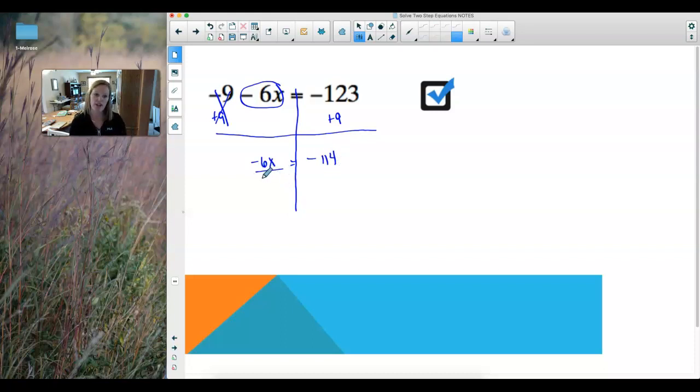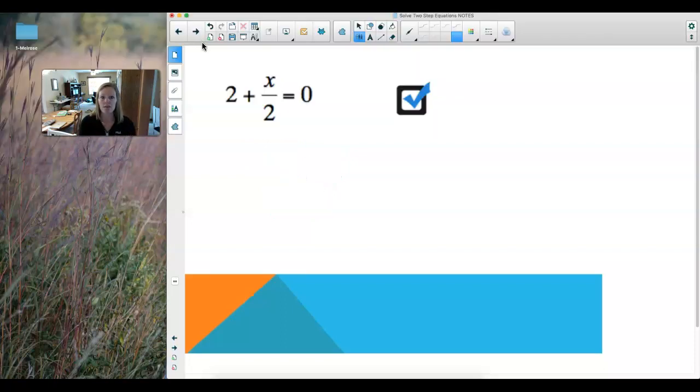And then we have to divide by negative 6 to get the x by itself. So we have x equals, a negative divided by negative is positive, and 114 divided by 6 is 19. So our answer is positive 19. Again, keeping in mind, you're going to get really nice answers.